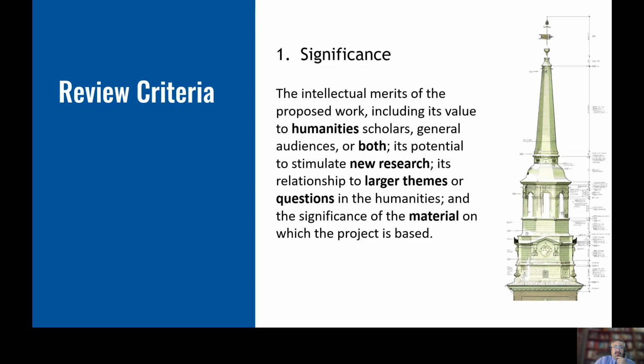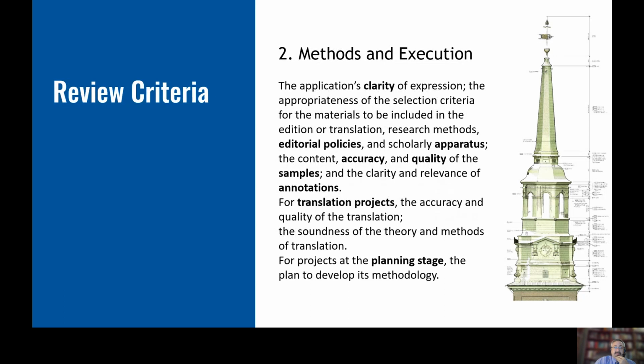It's also worth making the case for how the material itself is significant. Don't assume that. Lesser known works of famous authors may still not be worthy of an edition, unless you make the case for it. And important works of an obscure author may still be deserving of an edition or translation if you make a case for it, but you do have to do that work in the application.